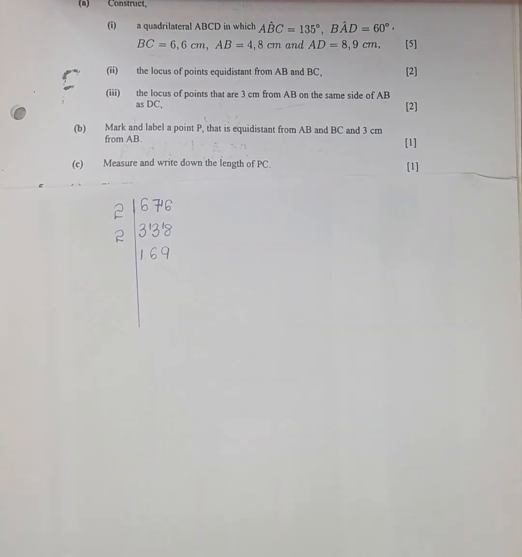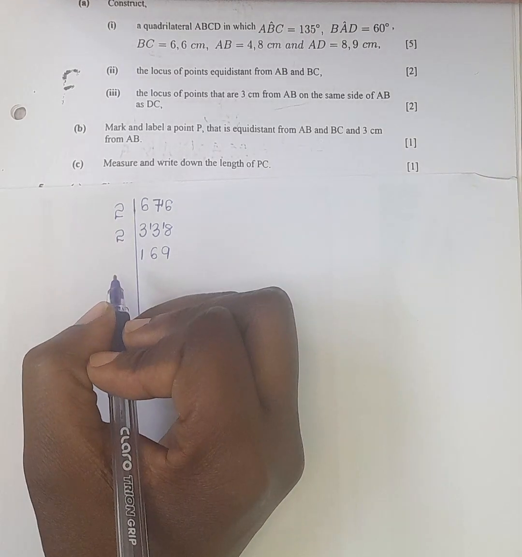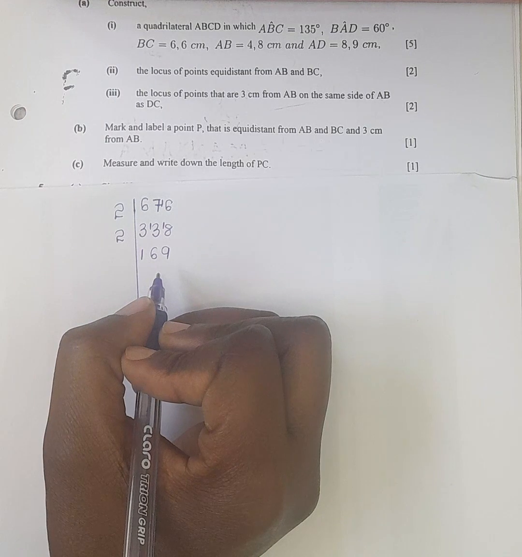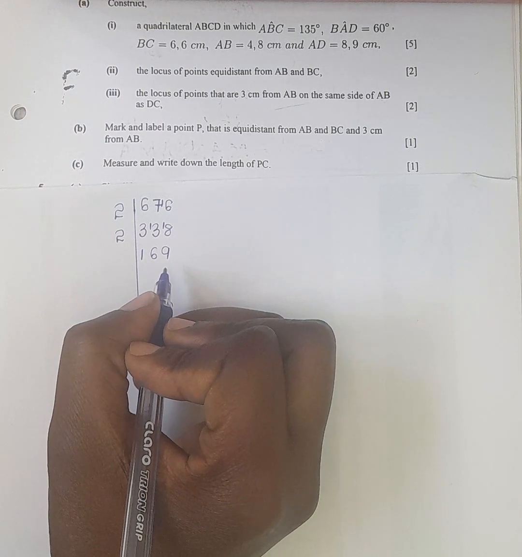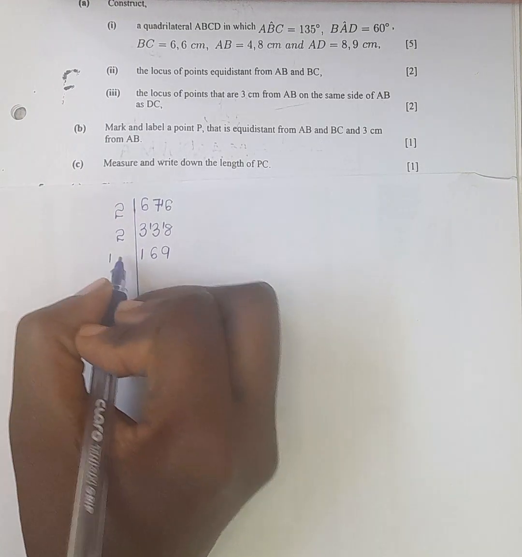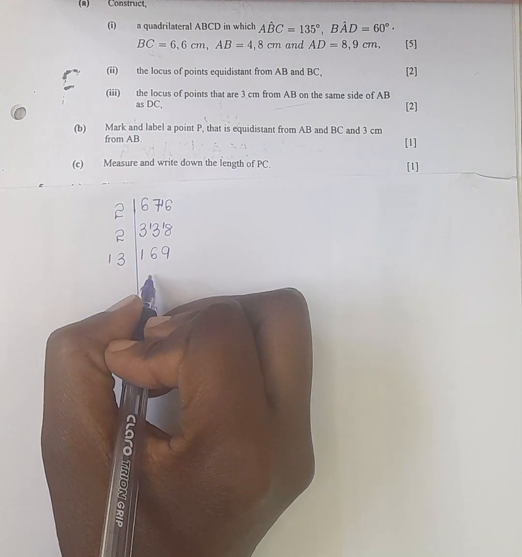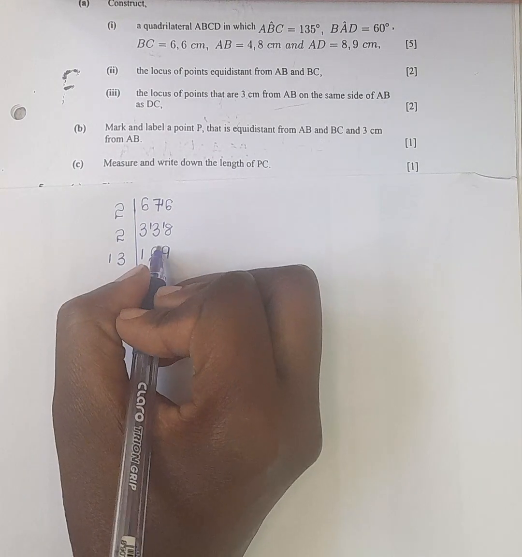We need to find a prime number that divides into 169 without leaving a remainder. It is 13, the lowest prime number that divides 169 without leaving a remainder. So we say 13 into 16, it is 1, remainder 3.